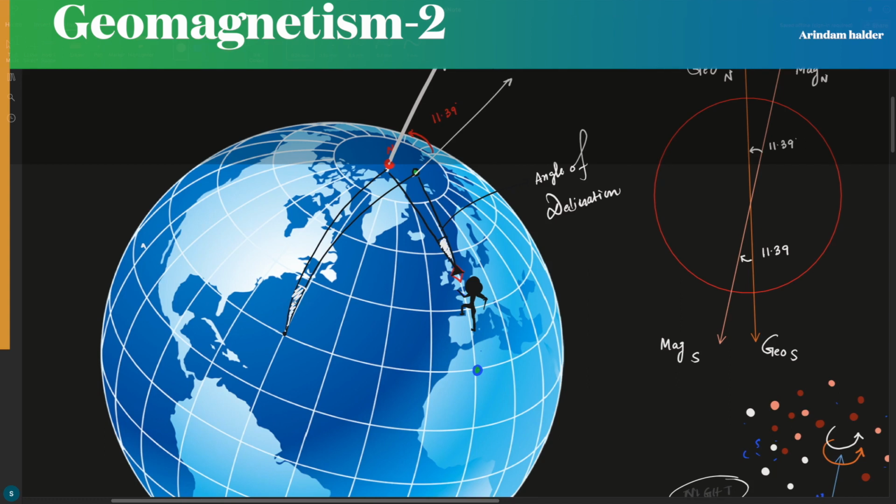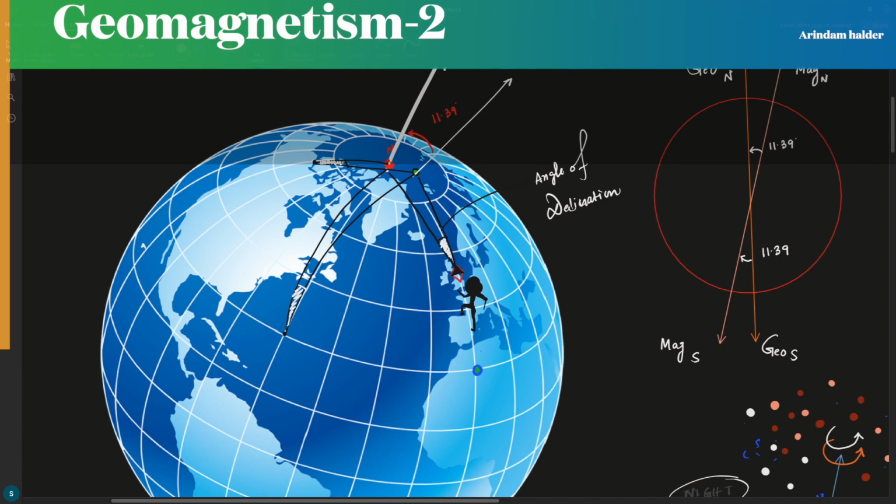For various different places, the angle of declination is different. As you move further from the North Pole, the angle of declination tends to become very low. For example, you are at the point here. Let's take black. As you can see, this angle and this angle is the angle of declination.